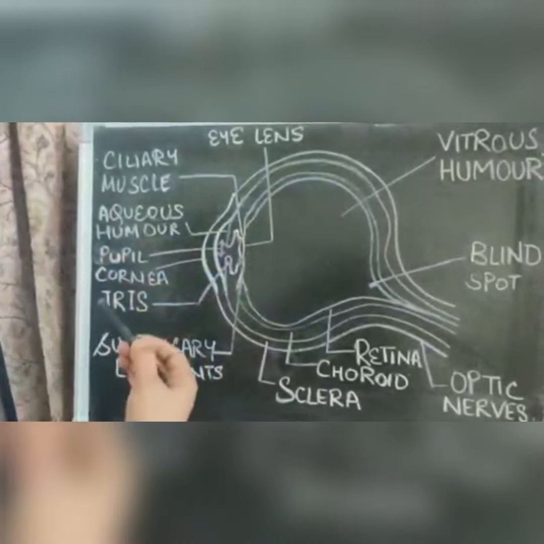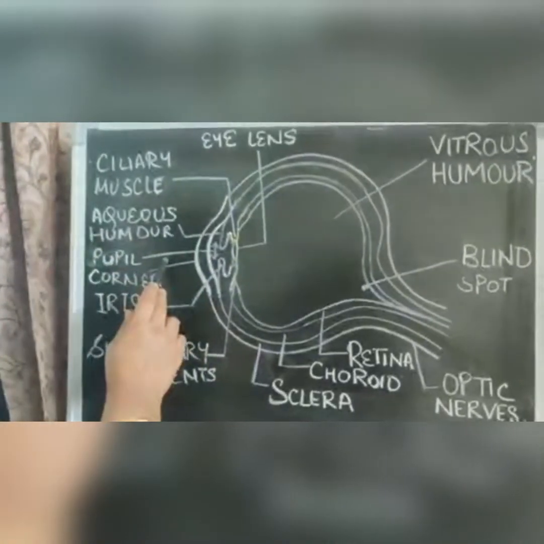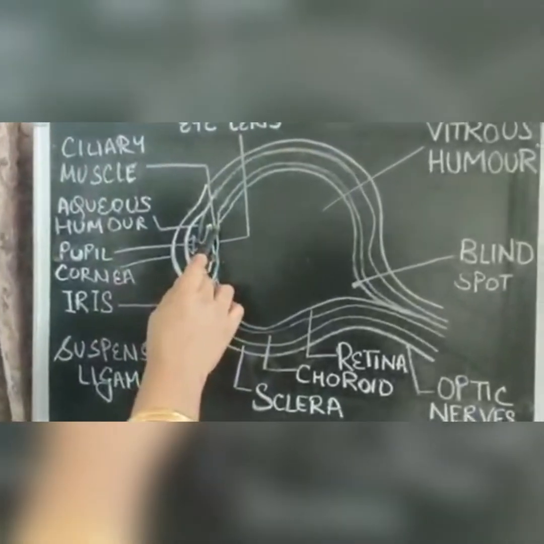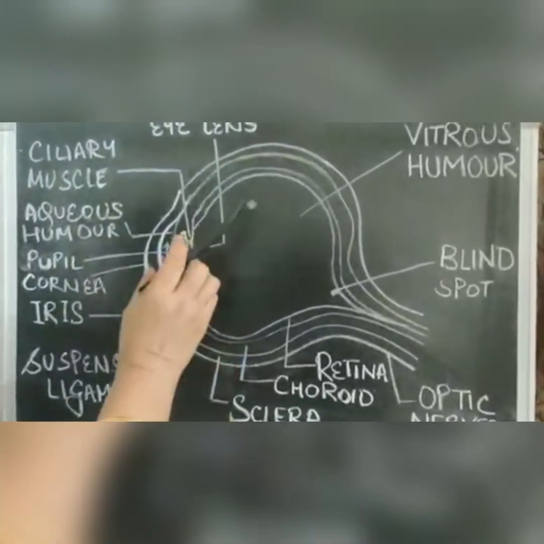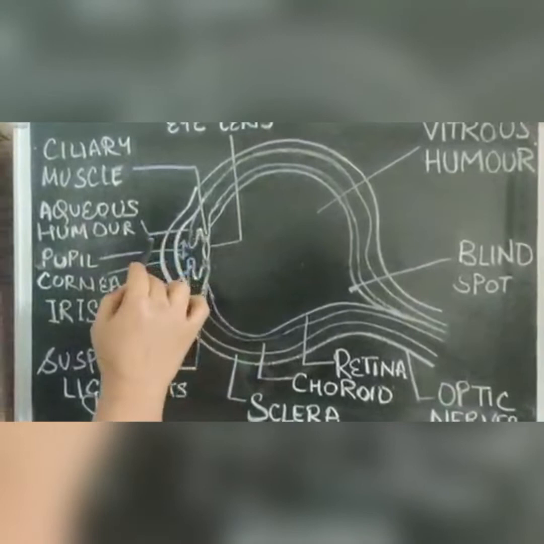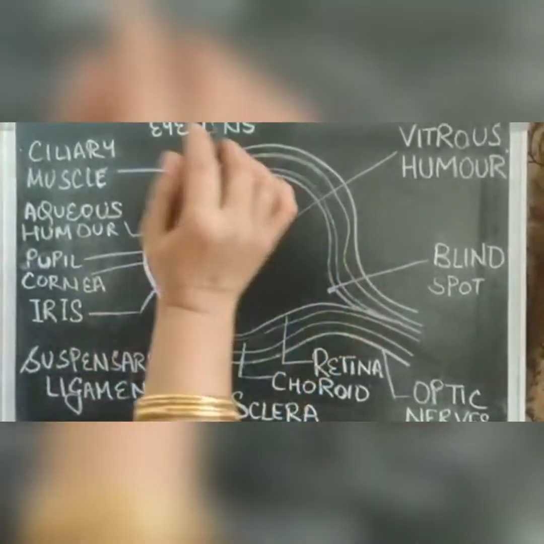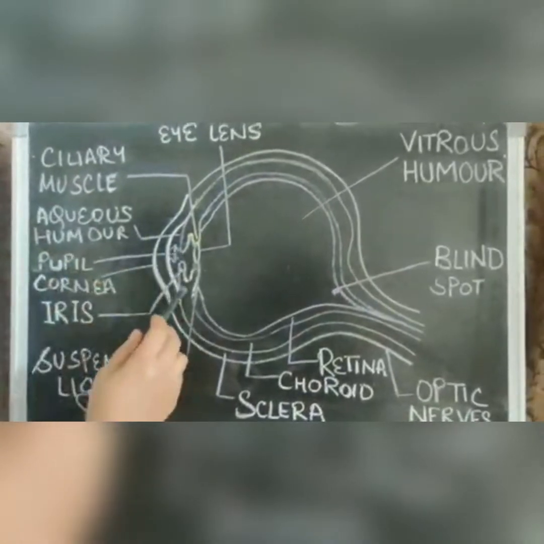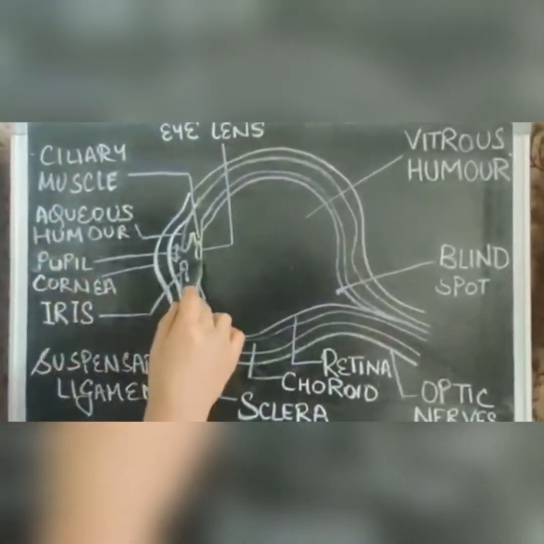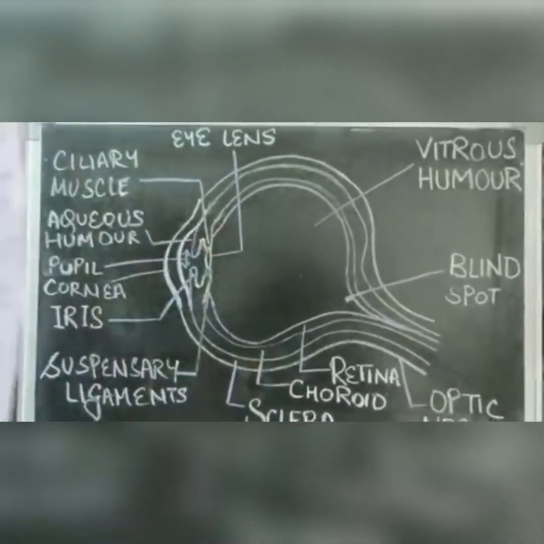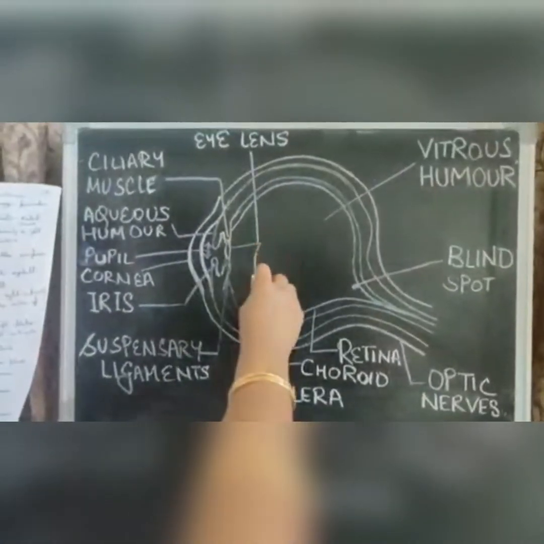Suppose we want to see nearby objects, then the ciliary muscles will contract and the lens becomes thicker, and now it can bend the light more and we can see nearby objects. If we want to see far objects, then these ciliary muscles get relaxed and the lens becomes thinner and we can see far objects.